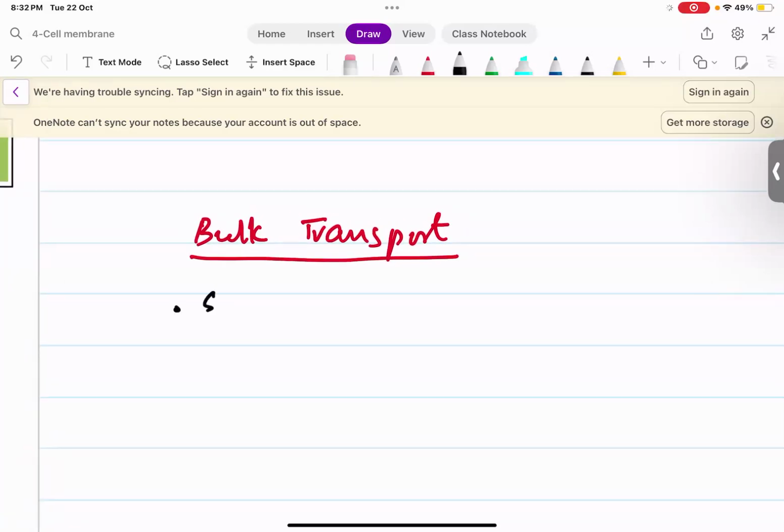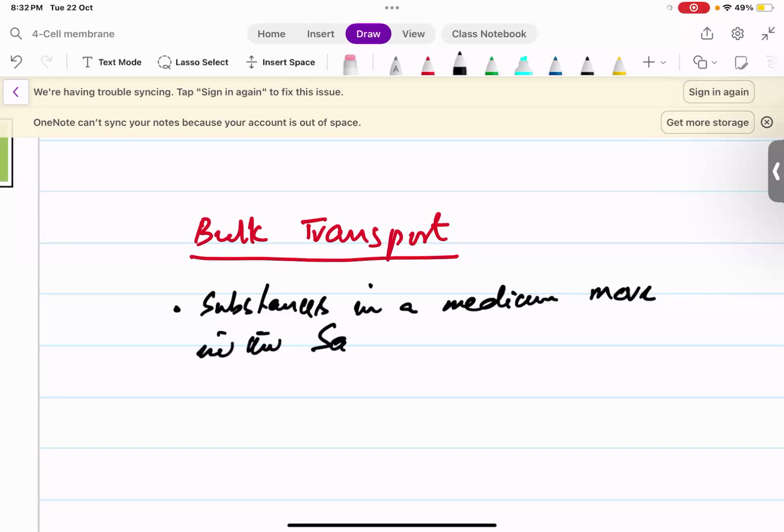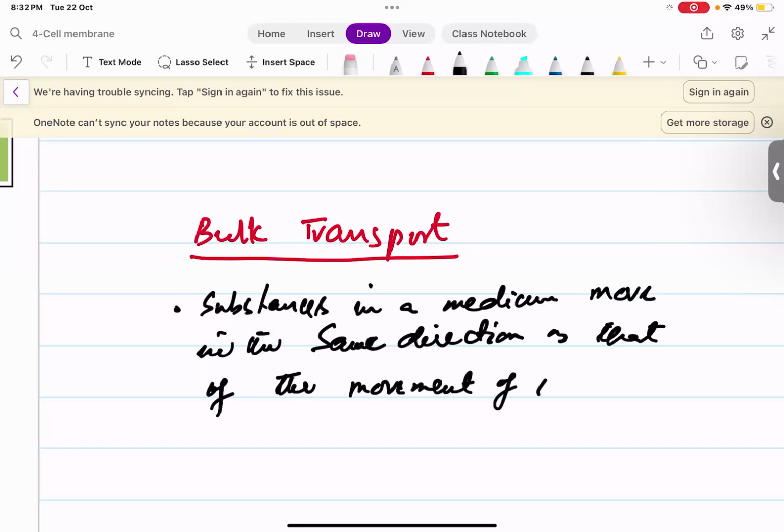So substances in a medium move in the same direction as that of the movement of the medium.